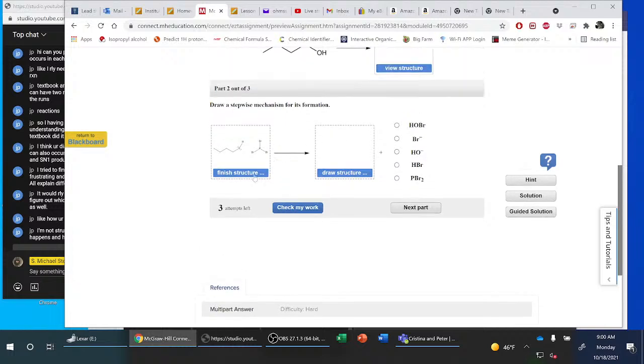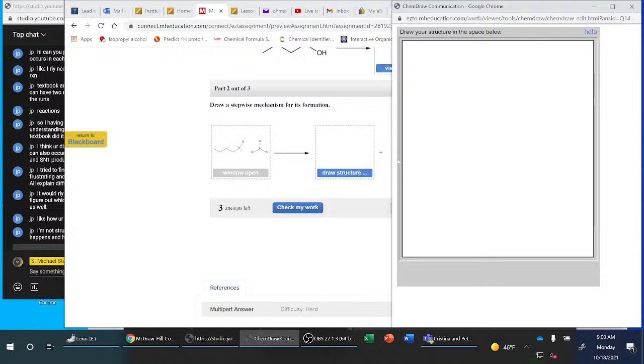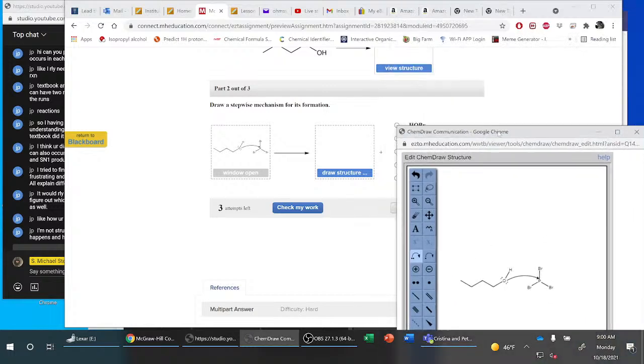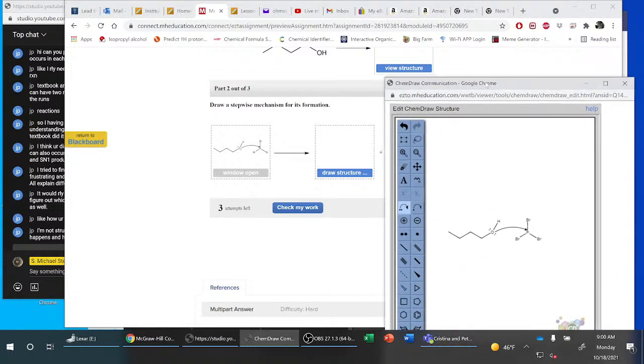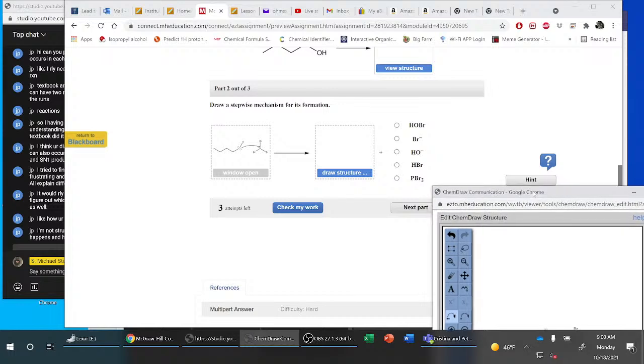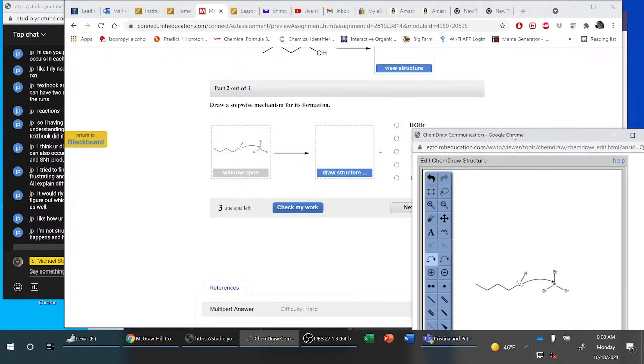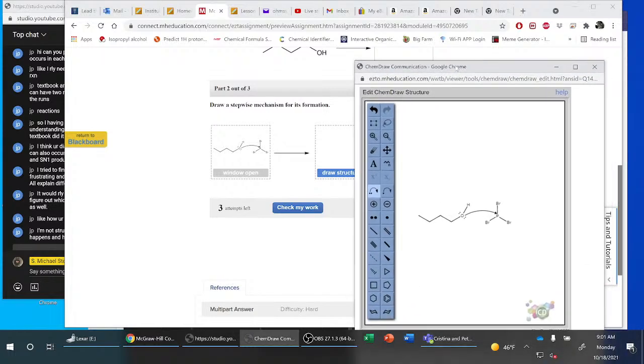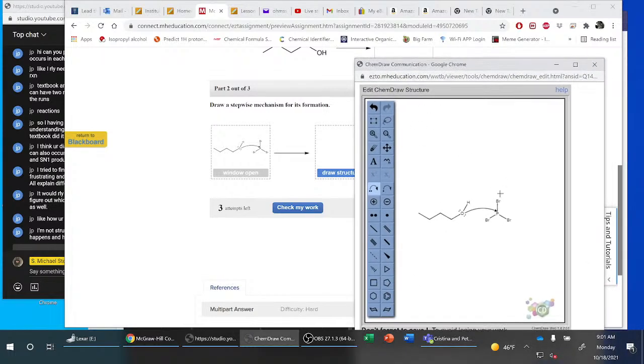So in terms of the mechanism, we've got positive attacking negative. Wait a minute, I'm trying to remember. So we should have positive attacking negative, and in terms of the ion that comes off, going off of memory here, this is why the notes are really good.